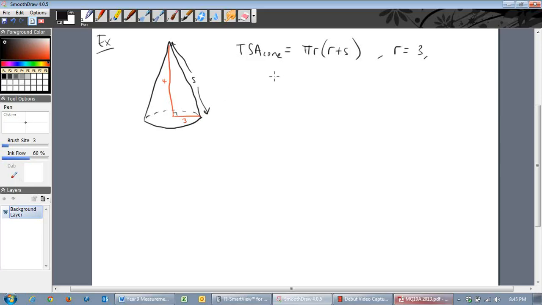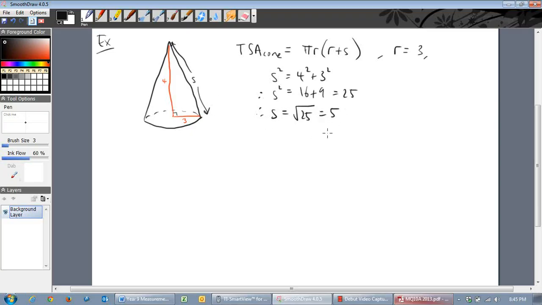If you're able to use Pythagoras, which we could in this case, we can find out what s is. So remember, Pythagoras will say that s squared is equal to 4 squared plus 3 squared, so s squared is equal to 16 plus 9, which is 25. Therefore, s is the square root of 25, which is equal to 5.